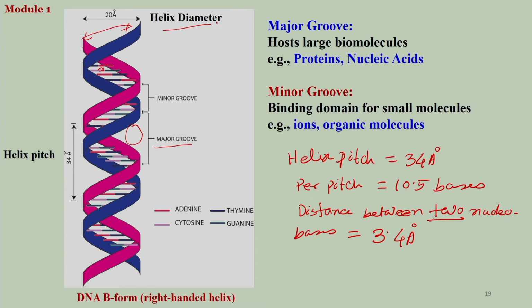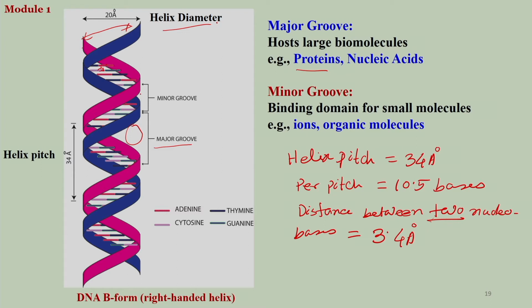And these are very important because they are the positions where other molecules bind and do chemistry or biological transformations. The major groove is for the binding of larger molecules, for example, proteins or other nucleic acids like RNA and so on. So, larger molecules would bind to the major groove because it has a relatively larger pocket.